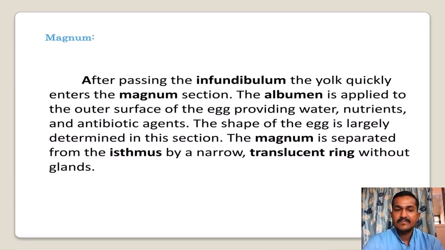The magnum is separated from the isthmus by a narrow translucent ring without glands. Understand? The magnum is separated from what? From the isthmus. The characteristic feature is the translucent ring without glands. Clear? This one is about the magnum.